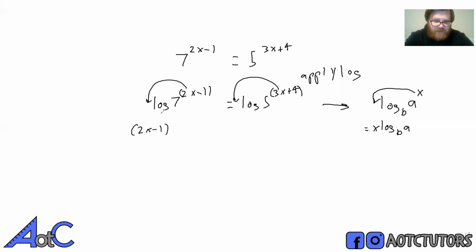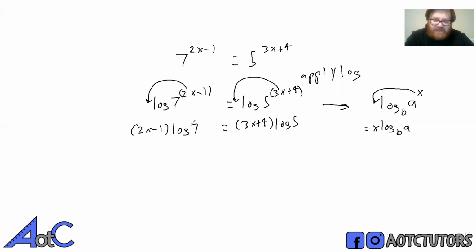So I'm actually going to do (2x minus 1) times log 7 is equal to (3x plus 4) times log 5. Notice how I package these in a bracket, such that when I bring them down, I'm making sure that I'm multiplying the whole expression by the log value. Now from here, believe it or not, I just have an easy linear equation to solve again.